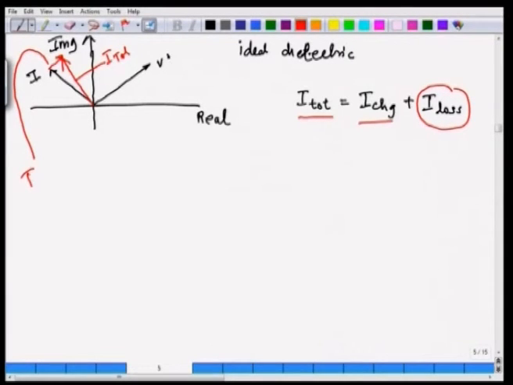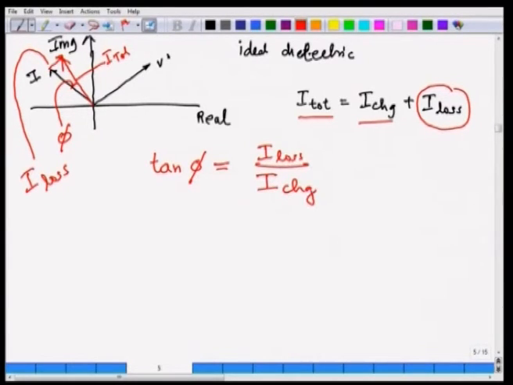This is the loss current, and in that case we get this angle. Let us define this angle as phi, and this tan phi, or the loss tangent, would be I loss divided by I charging current.